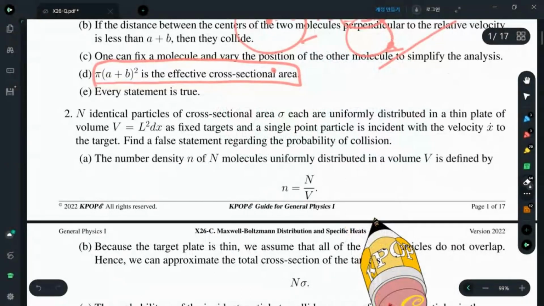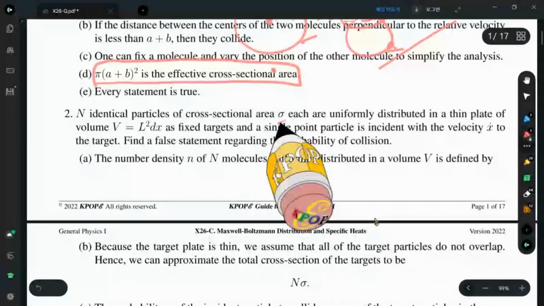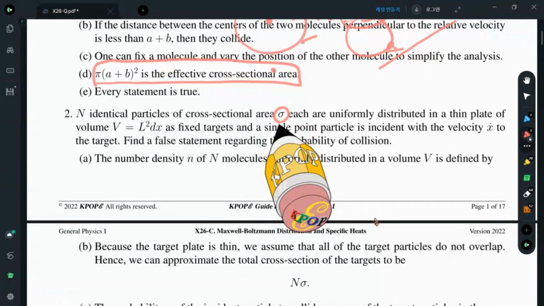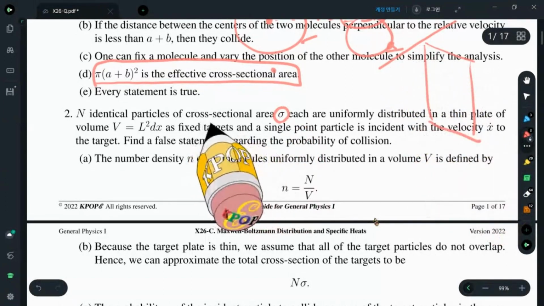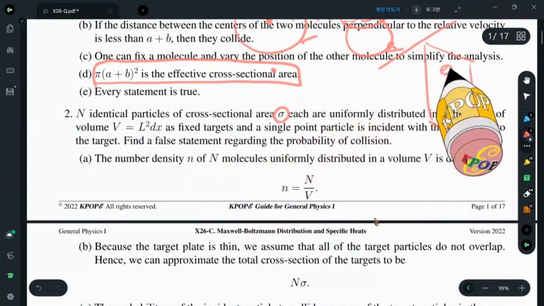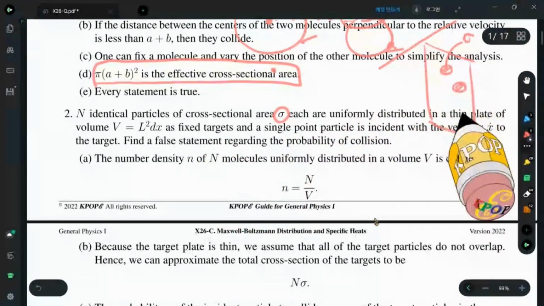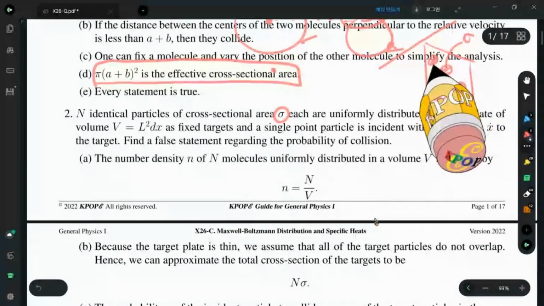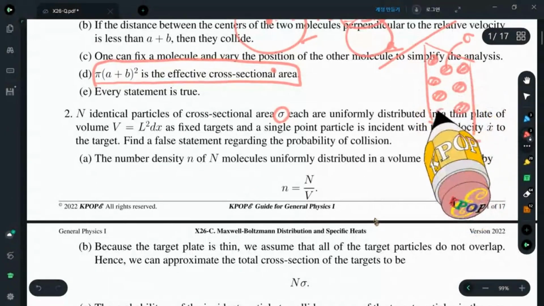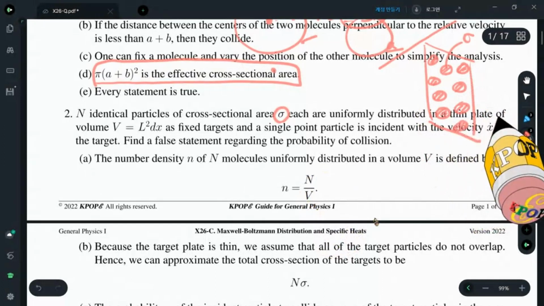N identical particles of cross-sectional area sigma are uniformly distributed in a thin plate. We have a thin plate and a single particle has a cross-sectional area sigma, and there are many of them, uniformly distributed over a thin plate.